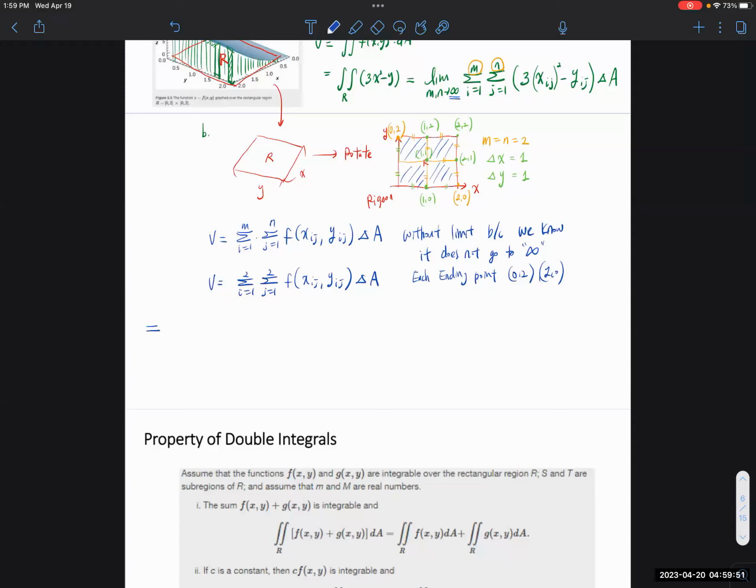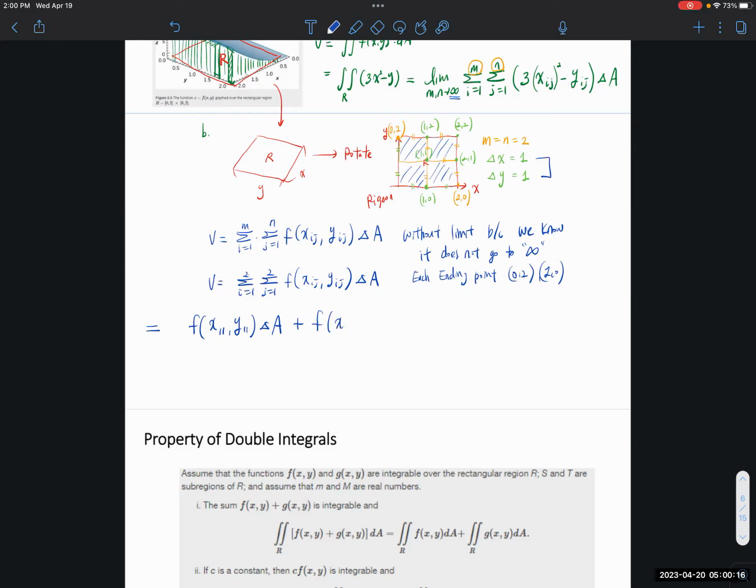So one is going to be f. What do you guys think? x_11, because we have only one option. i goes to 1 and stops at 2. j goes to 1 and stops at 2. So f of x_11, y_11 times delta A. That's the region, the multiplication, plus the next one.